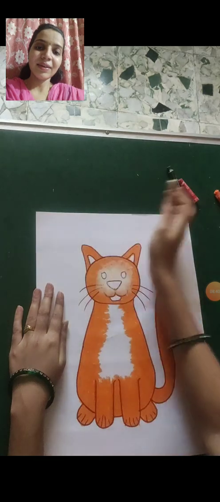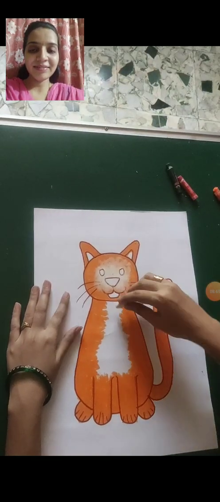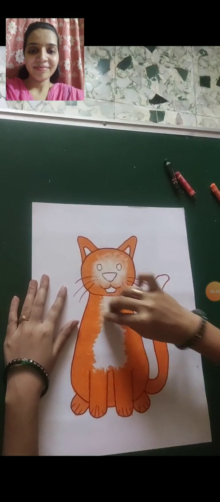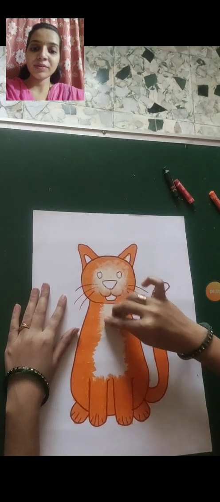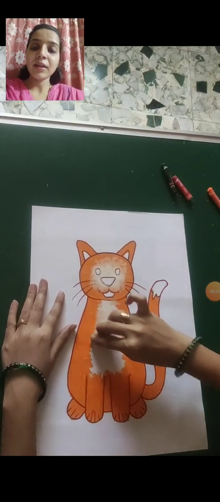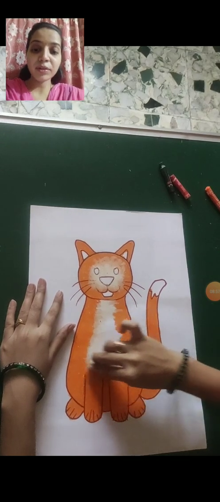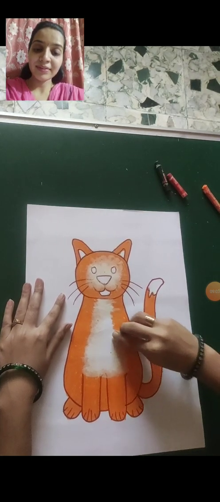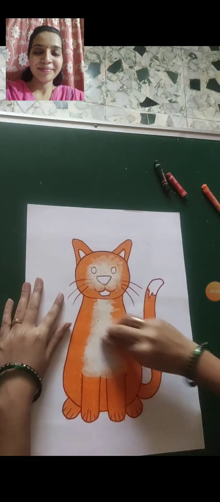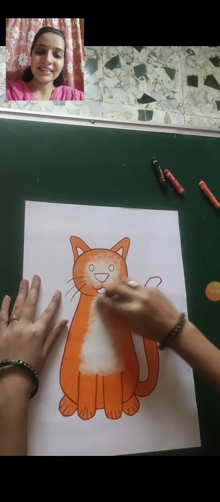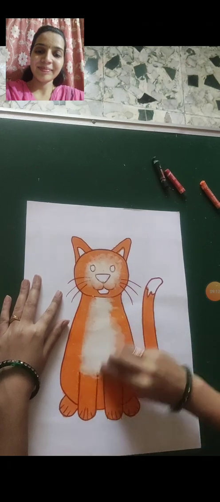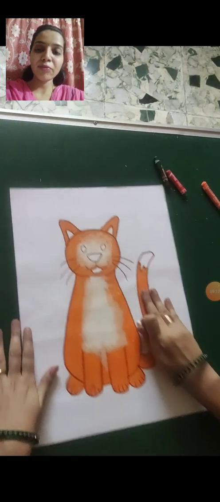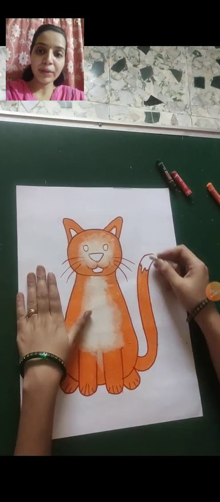Okay. Now we will start merging the white color. First merge into the orange from all the sides, then do the white color in the middle. See how I am doing, exactly in the same way like this. Okay. Now give the same white color in the tail also on the remaining part.